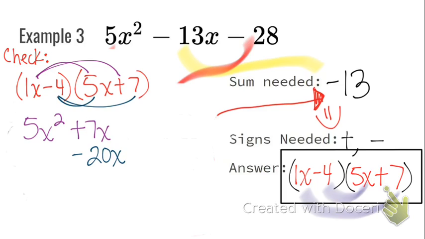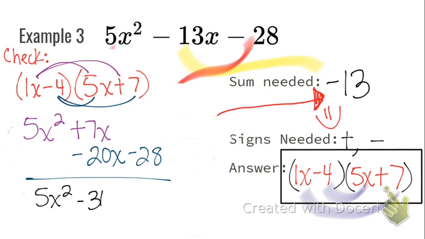I'm lining it up below my other x. -4 times 7 is -28. And then I combine my like terms. 5x squared minus 13x minus 28. And that matches the original problem, so I know my answer was correct.